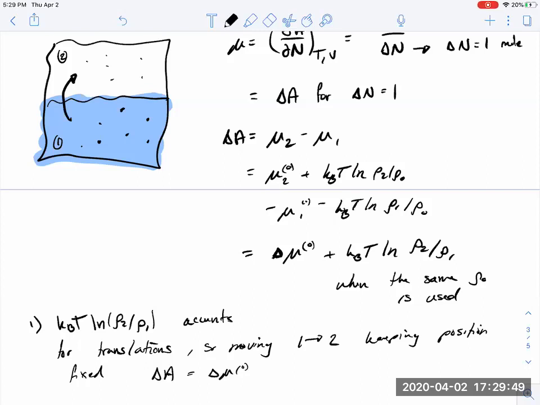So what's the Helmholtz free energy? Its usefulness is encoding how much work is done in a system, or how much reversible work can be done by a system. So if we move a solute from phase 1 to phase 2, not allowing it to explore different translational states, we find that the work required to do that reversibly is just the difference in standard state chemical potentials.